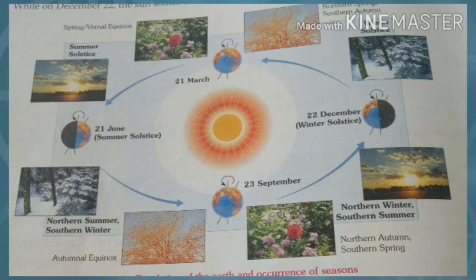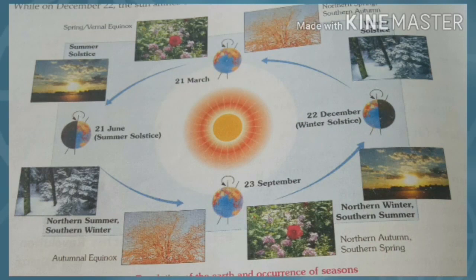Okay. Then on 23rd September, it is the autumn season in the northern hemisphere and the spring season in the southern hemisphere. That is reverse on March 21st. When it is spring in the northern hemisphere, in the southern hemisphere it is autumn. Okay. And that's all about this chapter.